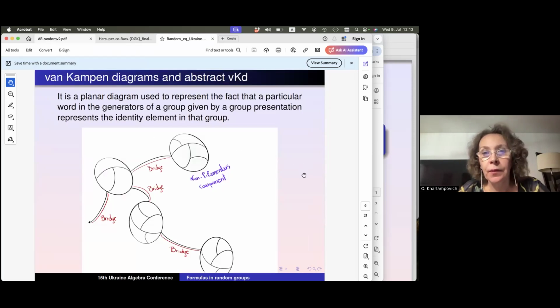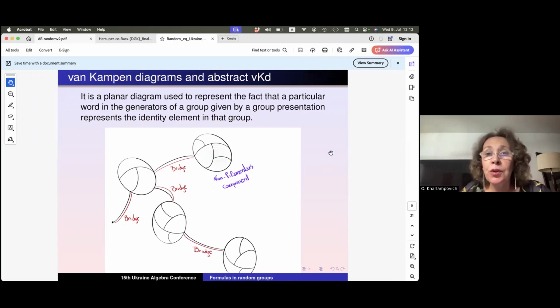So one uses so-called Van Kampen diagrams. Briefly speaking, a Van Kampen diagram is a planar diagram used to represent the fact that a particular word in the generators of a group given by a group presentation represents the identity element of that group. We can think about this as a planar graph, and the edges of the diagram are labeled by the alphabet of generators of the group.